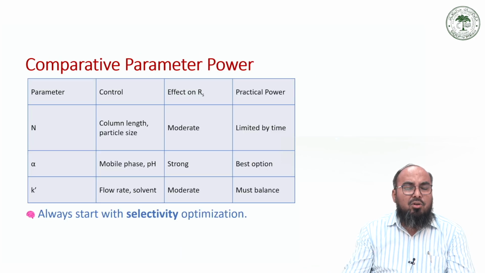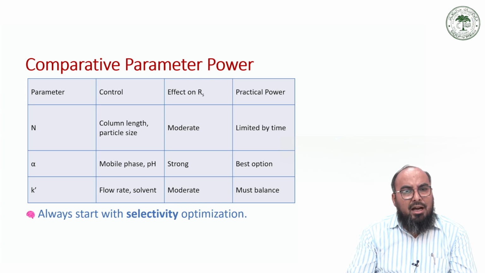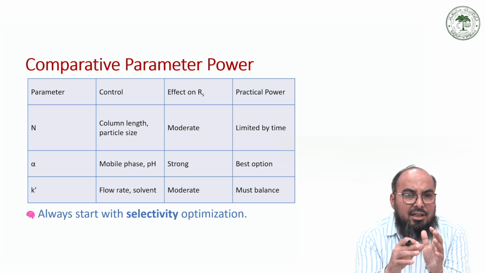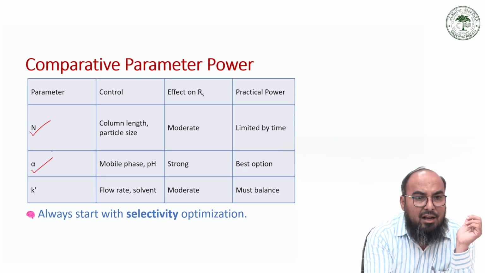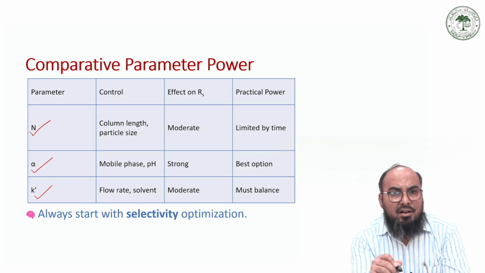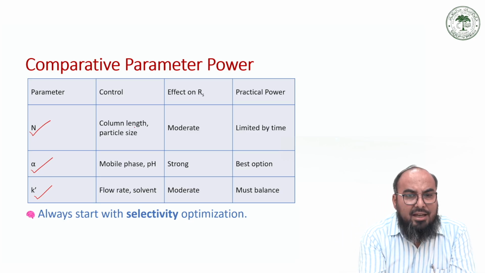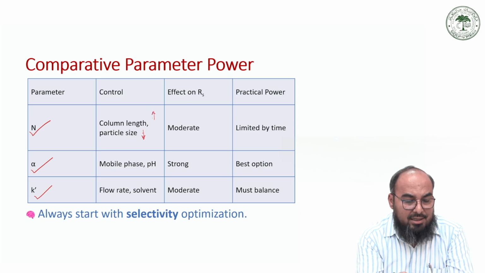So let us have a comparative idea about the three things that we have discussed: the efficiency, the selectivity factor alpha, and the retention factor. Let us see how they are affected. Efficiency can be controlled by increasing the column length or by decreasing the particle size.